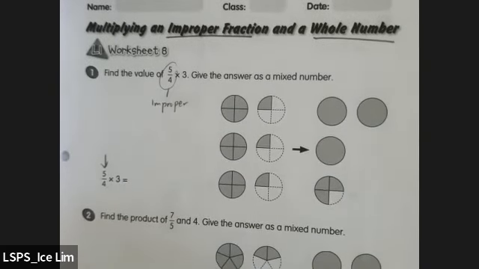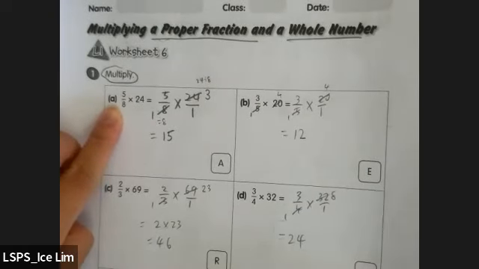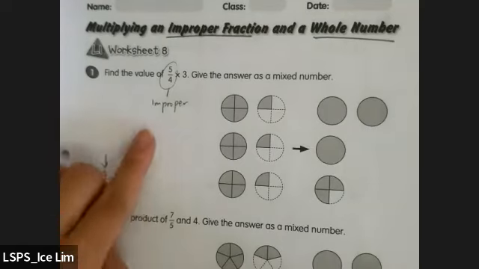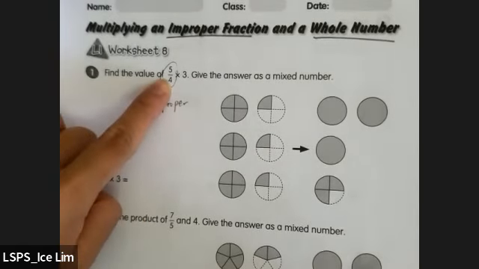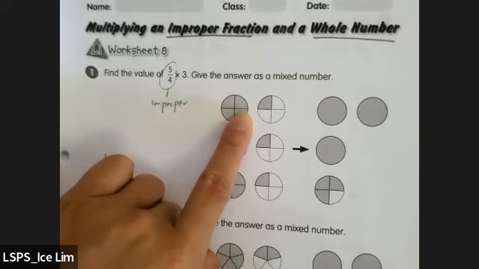Just a quick revision. Improper fractions are different from proper fractions by the fraction itself. For a proper fraction, the numerator is smaller than the denominator. For an improper fraction, the numerator is bigger than the denominator. In other words, I get more than a whole.